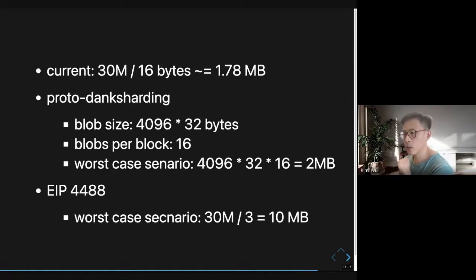In the worst case scenario, 30 million divided by 3, the block size will be 10 megabytes. That's much worse than what we have now. So it's not a good idea to just reduce the gas cost, because in the worst case scenario, your data size will be very huge.